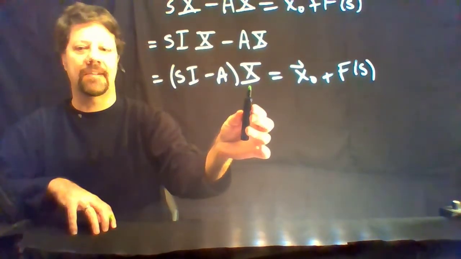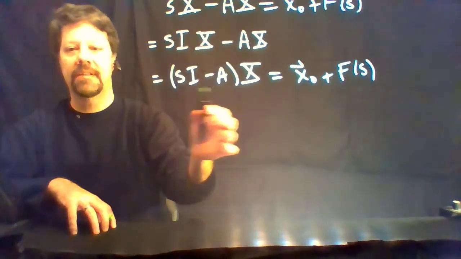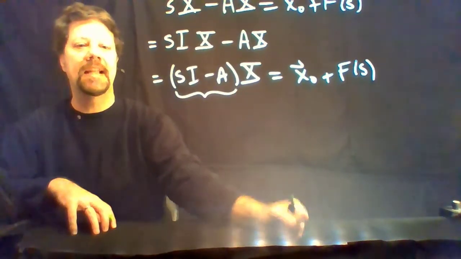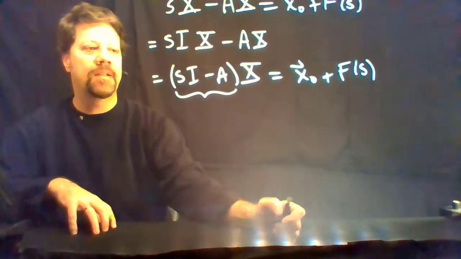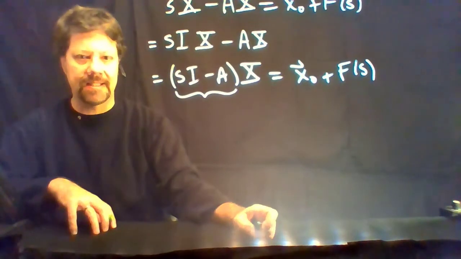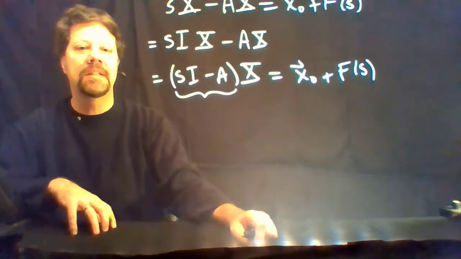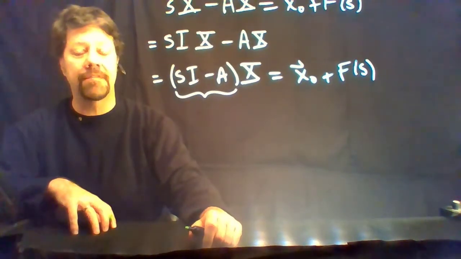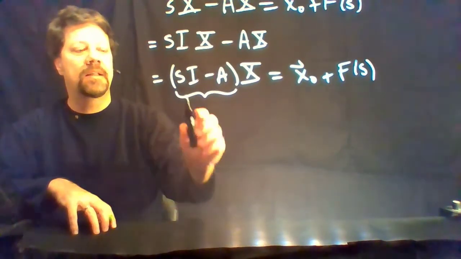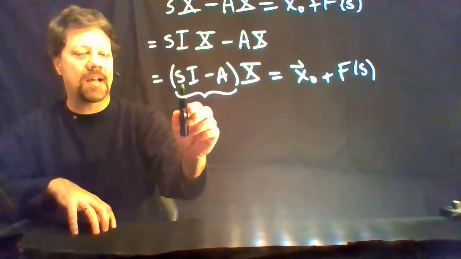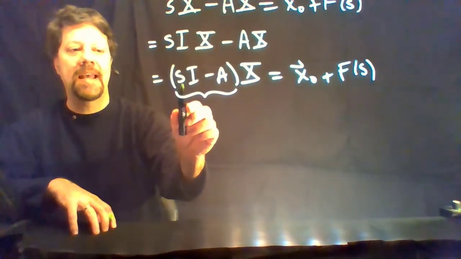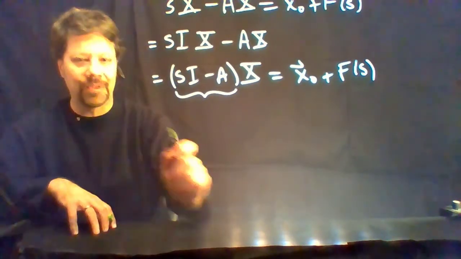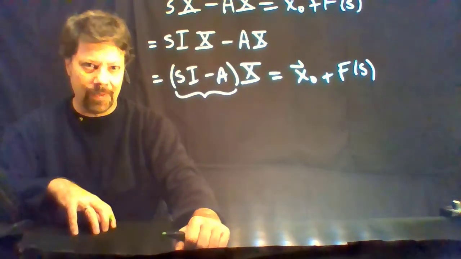To solve for X, we need to get rid of this expression here. This represents a matrix. It's an n by n matrix. You can't just divide matrices, that's not defined. What you can do is multiply by the inverse of the matrix, if the inverse exists. For those of you who have studied this topic before, s can't be an eigenvalue. We'll talk about eigenvalues later in the course.